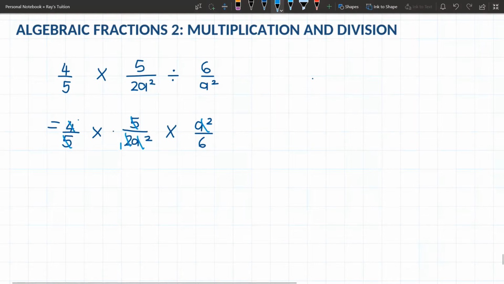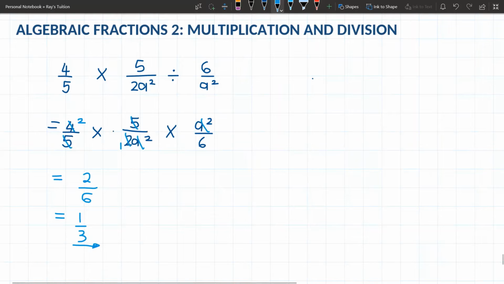So then what we can write this as is, in the numerator, 2 times 1 times 1, so it's just 2. And in the denominator, we have 1 times 6, which is 6. And this we can simplify as 1 over 3. So that is an example of how we do multiplication and division for algebraic fractions.